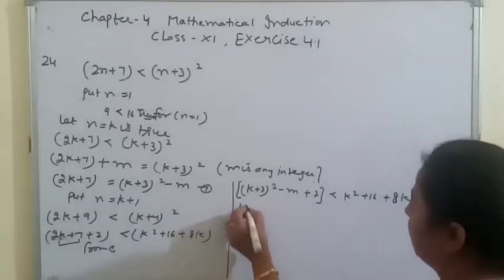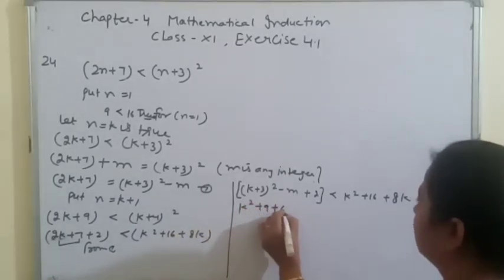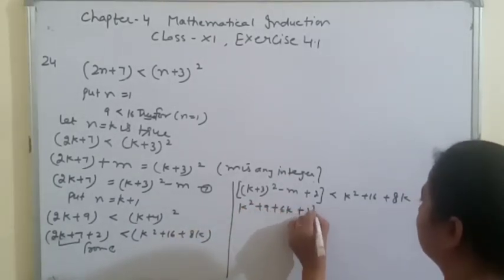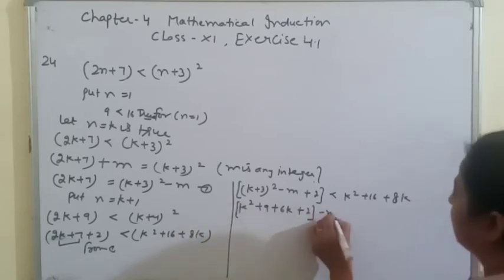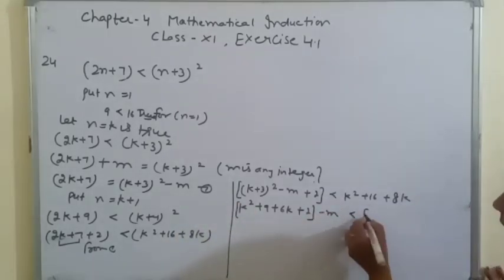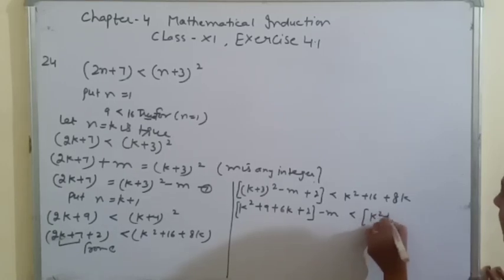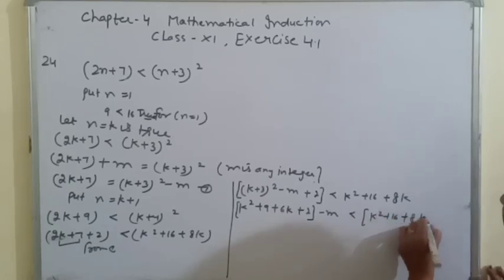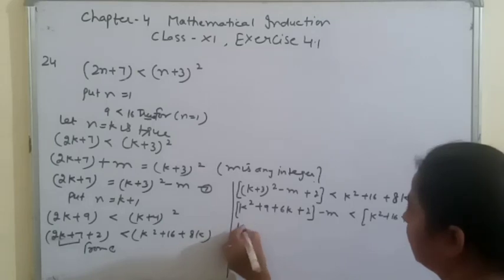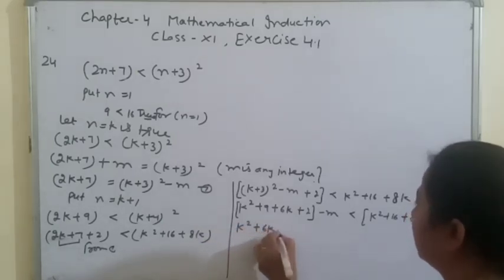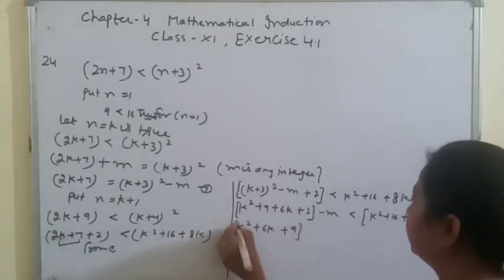Solving it, k square plus 9 plus 6k plus 2 minus m is less than k square plus 16 plus 8k.